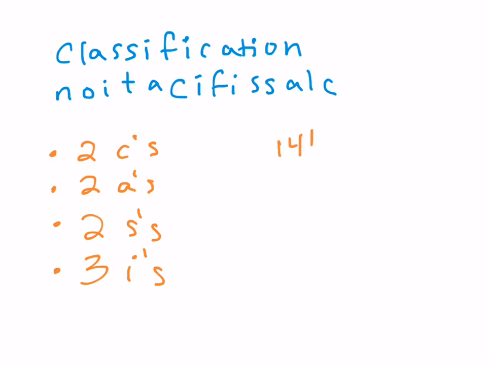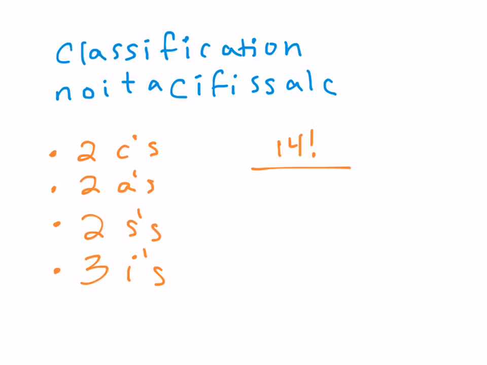So if I did 14 factorial, that would tell me the number of passwords. And then we want to divide by the number of ways to arrange all of these repeat letters. Okay, so if I think about any one of these 14 factorial passwords, that's a large number, 87 billion and so on.